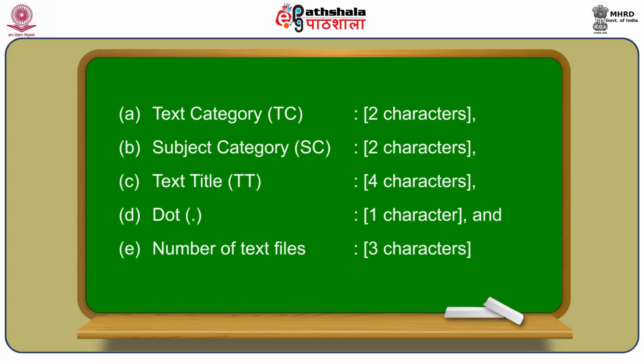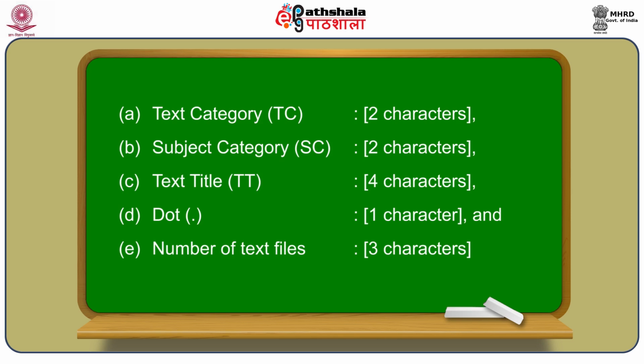In the case of the TDL project corpus, we had a file name in a very uniform manner in the following order. As I have already mentioned, the text category type was represented in the file name. The subject category of the text is also represented in the file name.